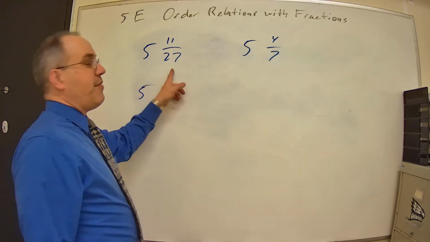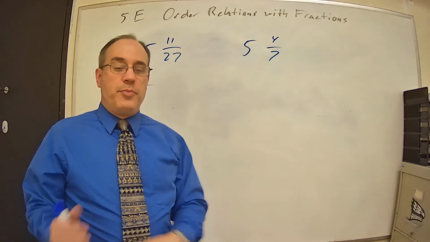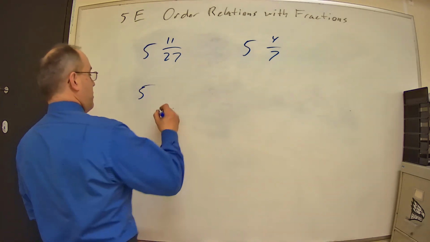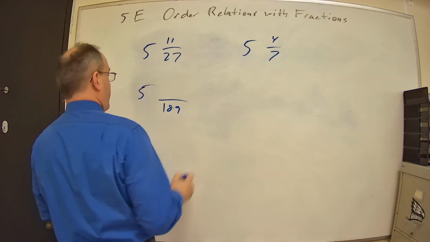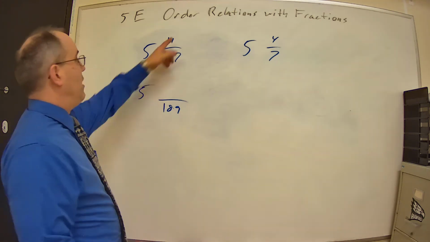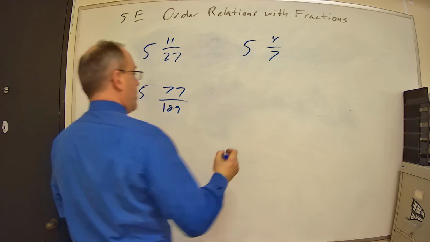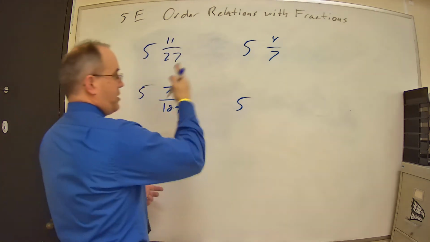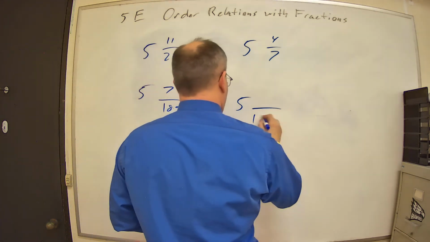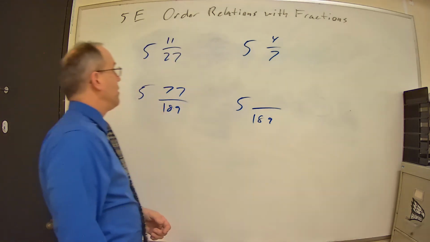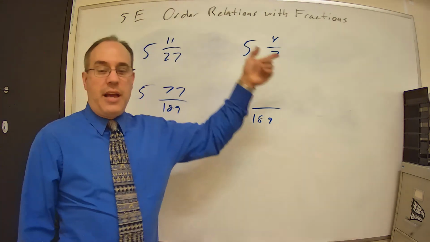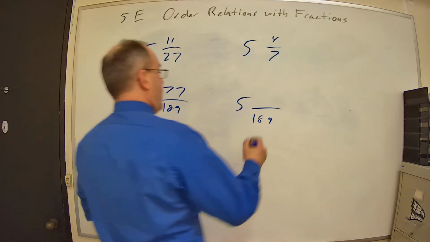So 27 times 7 gives me 189. So 11 times 7 is 77. And then 27 times 7 gives me 189. 27 times 4 gives me 108.